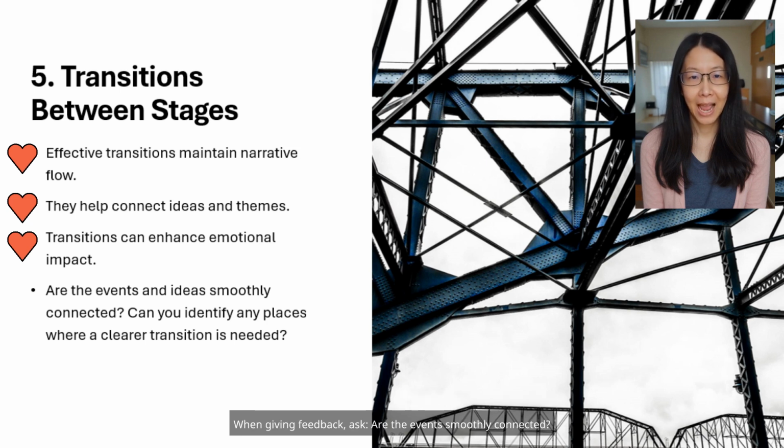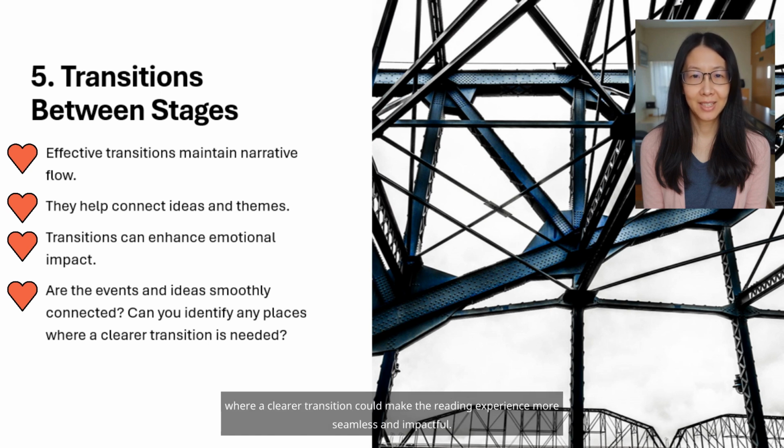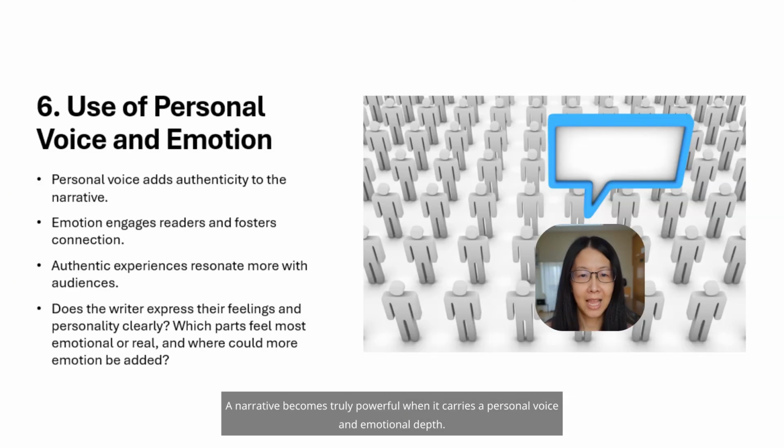When giving feedback, ask, are the events smoothly connected? If any part feels sudden, disjointed, or hard to follow, consider where a clearer transition could make the reading experience more seamless and impactful.